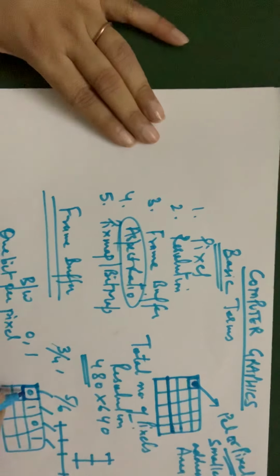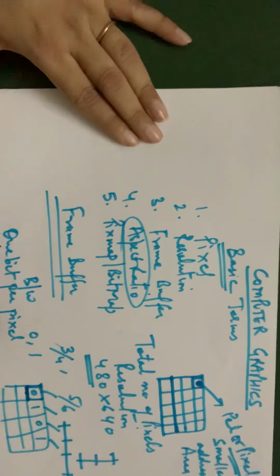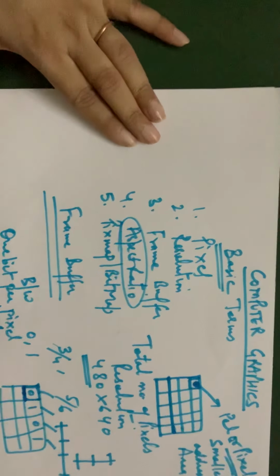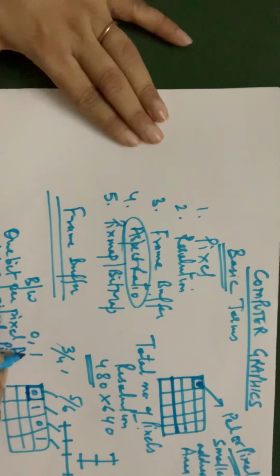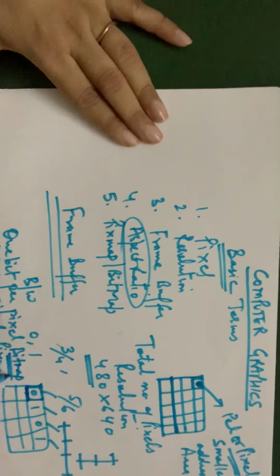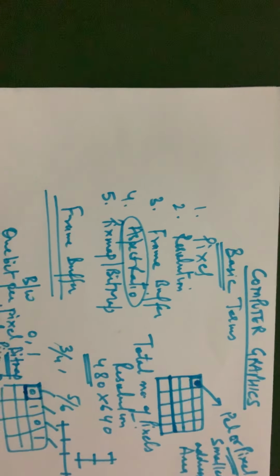Suppose 3 bits, not 1 bit. Then n bits per pixel is my pixmap, and 1 bit per pixel is my bitmap. So it represents the color definition of a screen.